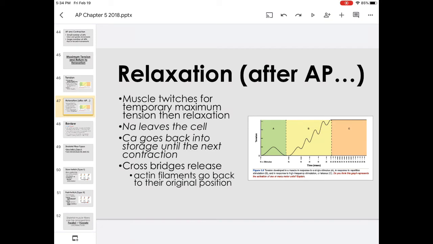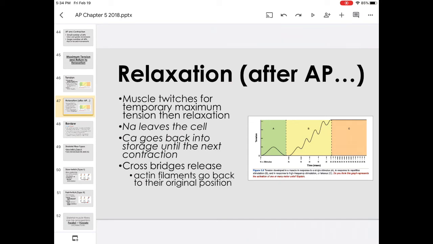The calcium ions that came with the action potential to help contraction are going to go back into storage until the next contraction. And then the cross bridges that were formed when the myosin heads attached to the actin filaments are going to release so that the actin filaments can go back to their original position, as well as the myosin heads.